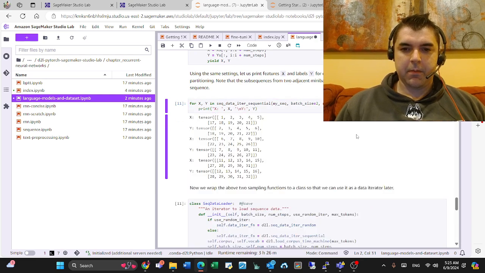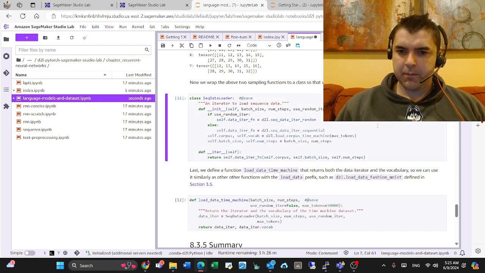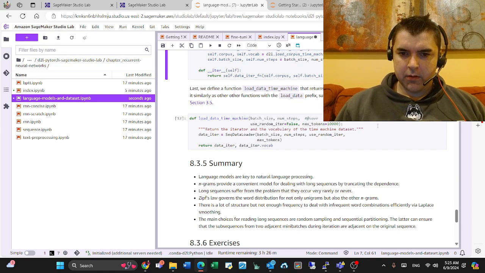Like, how many different ways are there of partitioning a given number?